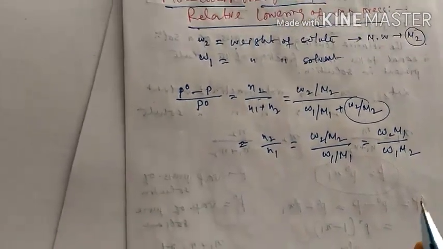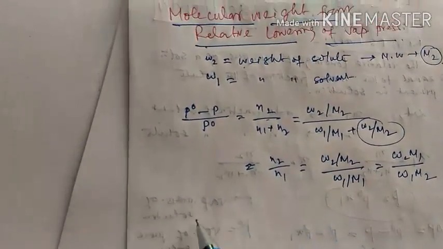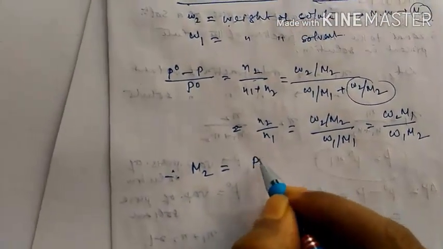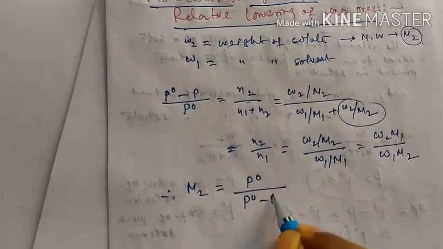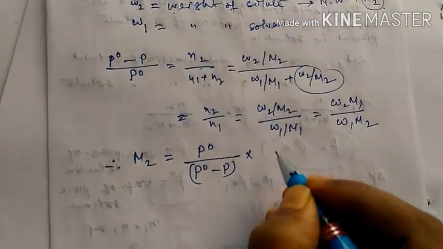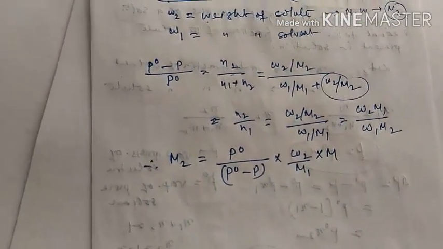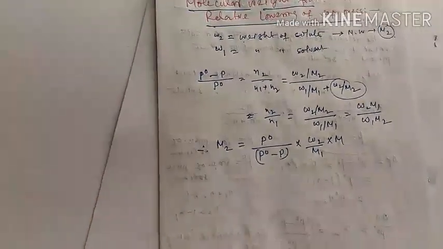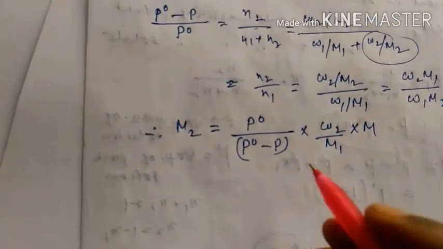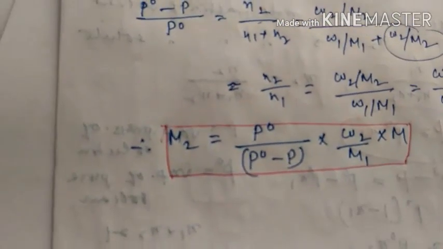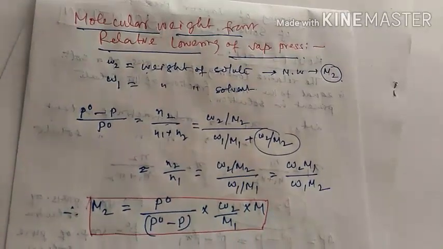By cross multiplication, we can write M2 equals P0 by P0 minus P multiplied by W2 by W1 into M1. So this is our formula. By applying this formula we can solve numerical sums.